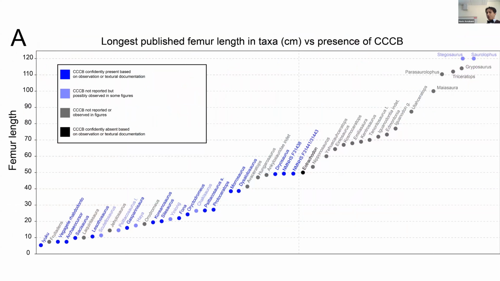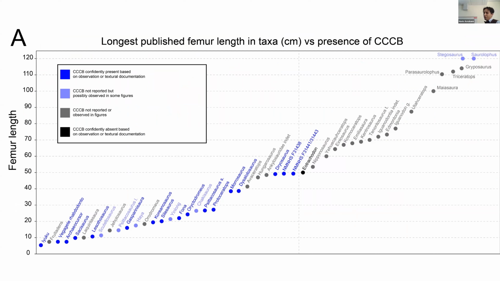In this plot, all the ornithischians are plotted smallest to largest from left to right, with the femur length used as a proxy for body size. And what seems to be the case is that CCCB is prevalent among ornithischians with femur lengths that are below 50 centimeters and nearly completely absent in those above 50 centimeters.